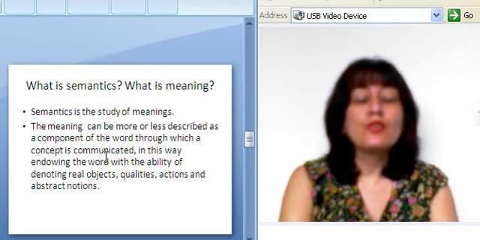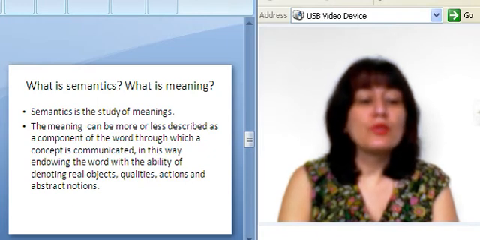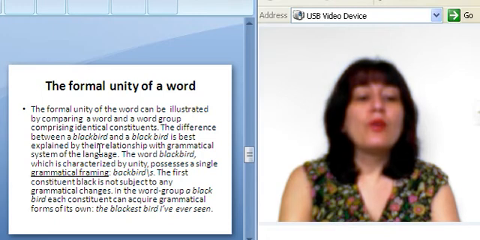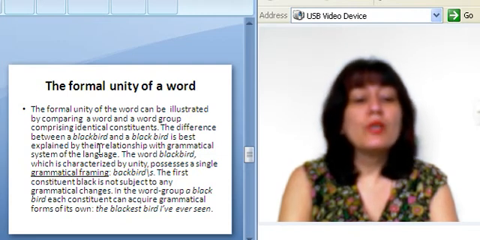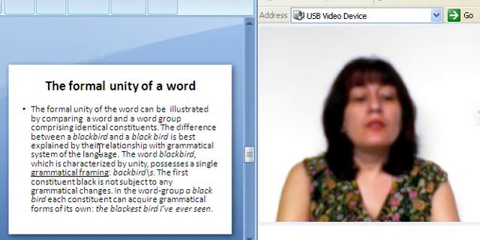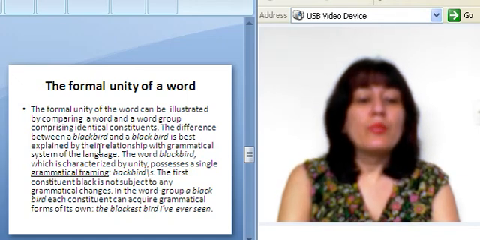Then we spoke about formal unity of a word, and we said that the formal unity of the word can be illustrated by comparing a word and a word group comprising identical constituents. The difference between a word blackbird and a word group a black bird is best explained by their relationship with the grammatical system of the language.